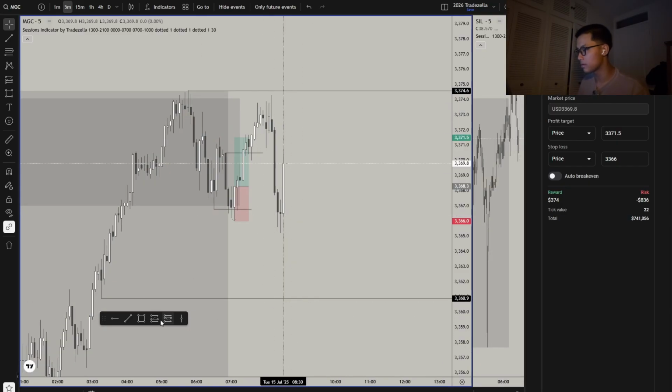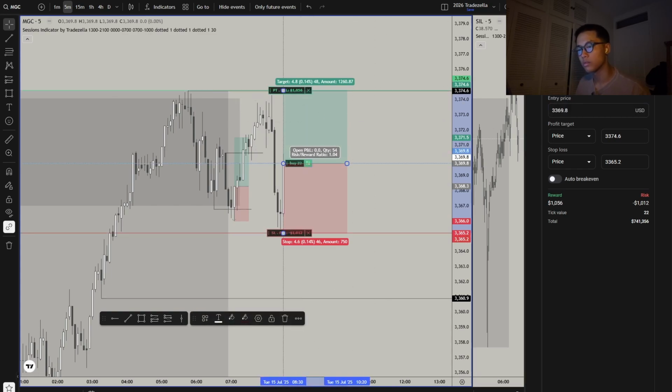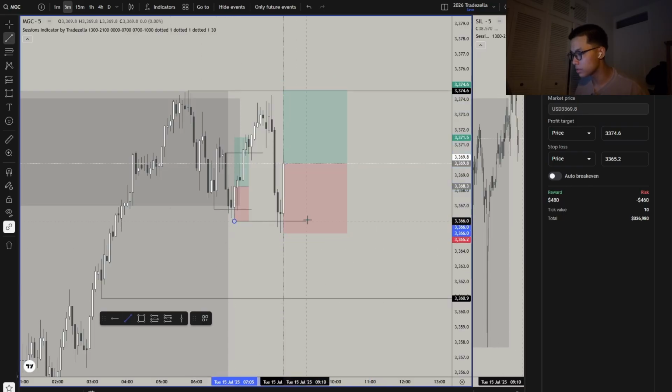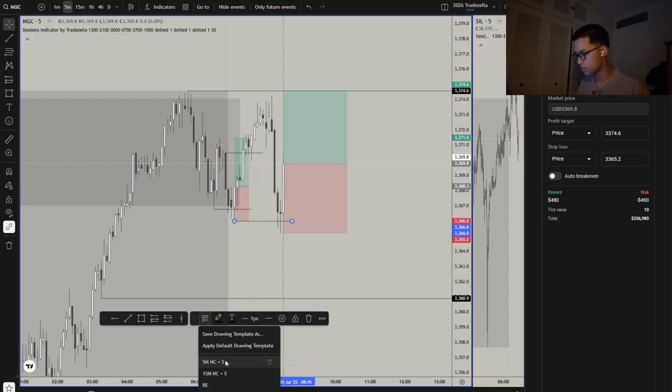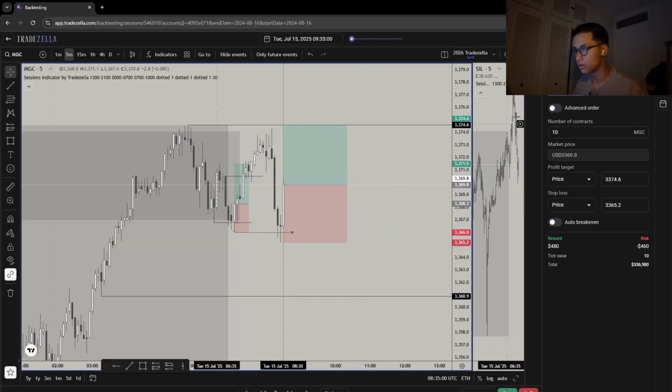This is a trade. Limit. And the liquidity sweep is here, guys, as you guys can see. 5 minute no close and engulfing.